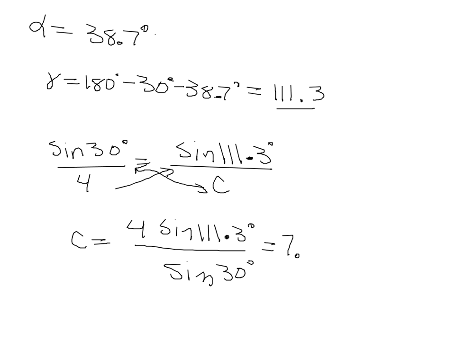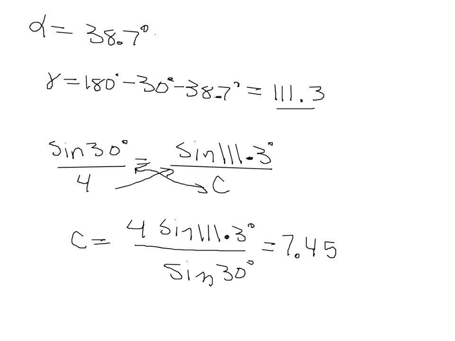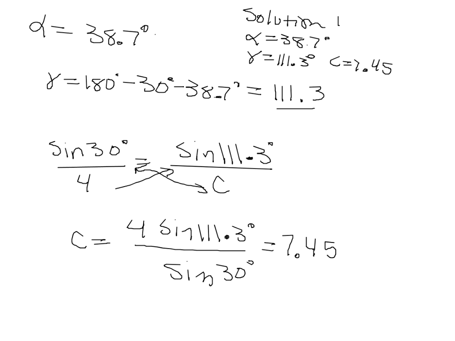Okay, 7.45. So at the end I'm going to have two solutions. So that was one solution. Alpha equals 38.7 degrees, gamma equals 111.3 degrees, and C equals 7.45.